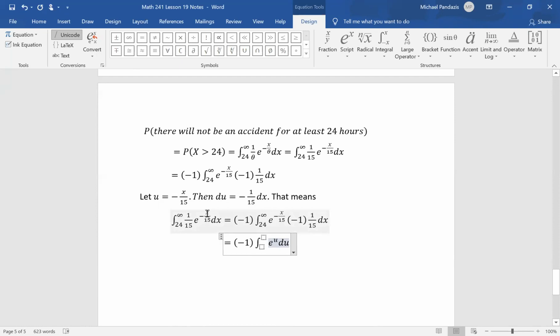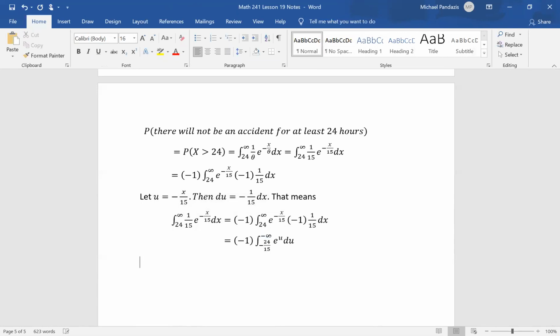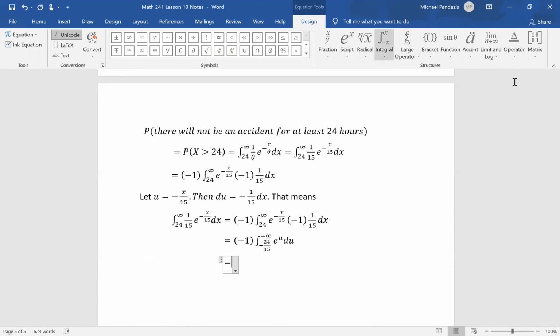And then when x is 24, this is negative 24 over 15. And then when x goes to infinity, this is going to be negative infinity. Okay, and so then you switch the limits of integration, and it's negated, so the -1 goes away, and you get negative infinity to negative 24 over 15 of e to the u du.